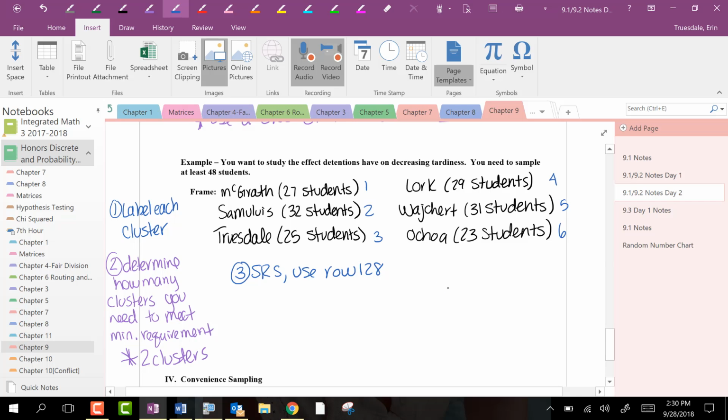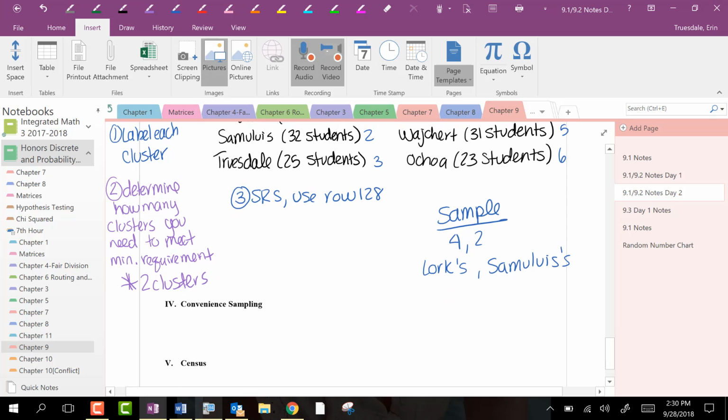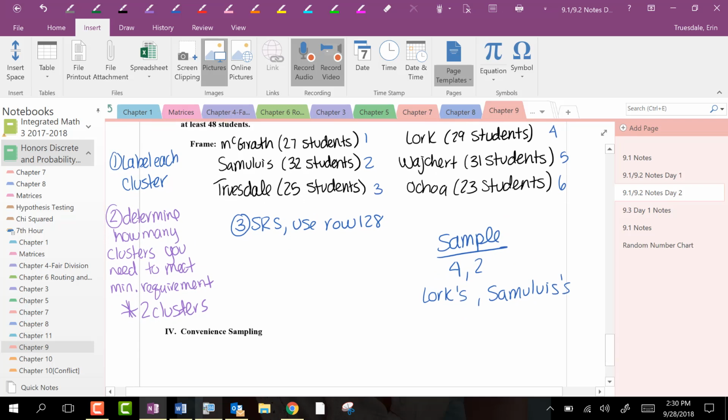So 4 and 2. Lorick's students get put in, and Samulus's students get put in the sample. You can figure out how many people are in this sample by adding up their students: 29 plus 32 is 61 students.